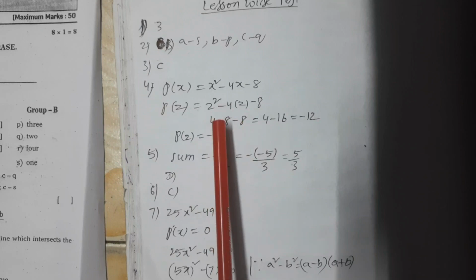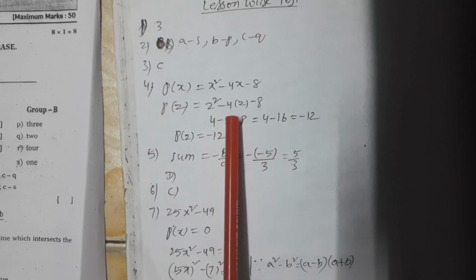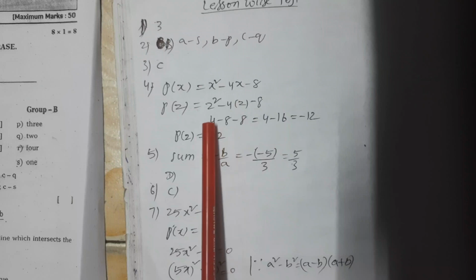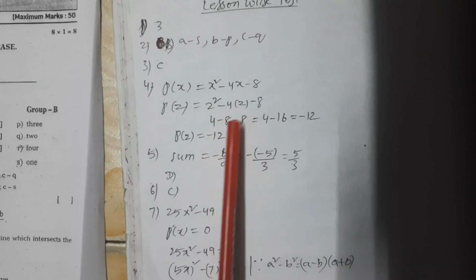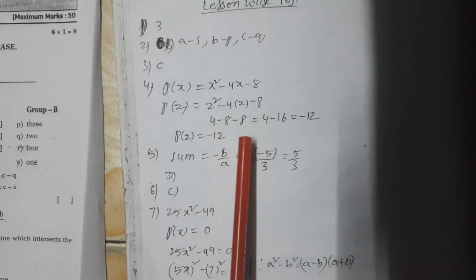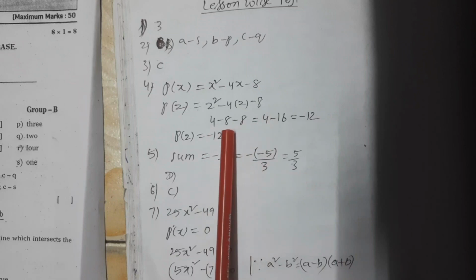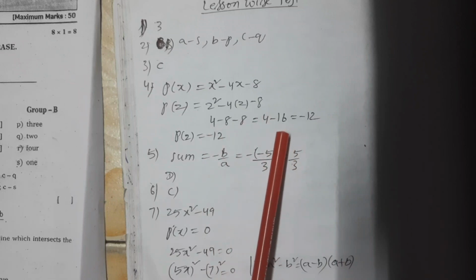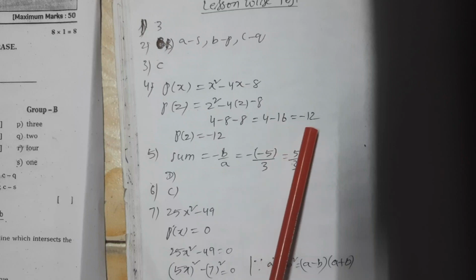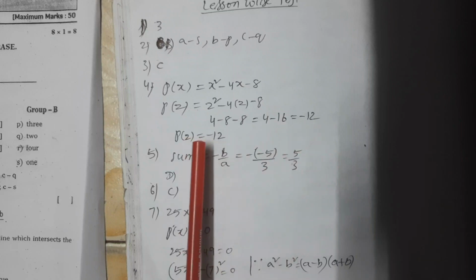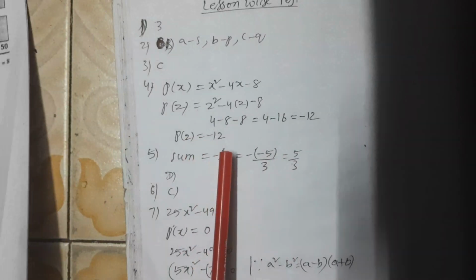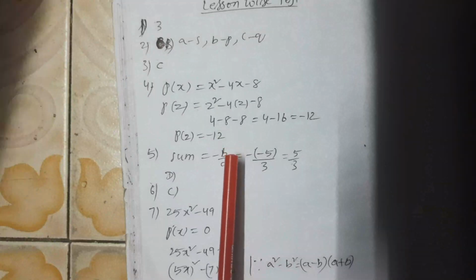So replace that: 2 square minus 4 into 2 minus 8. 2 square means 4, minus 4 2s are 8, minus 8. This is 4 minus 8 minus 8, both are same sign, 16. Its value is 16. 4 minus 16 means minus 12. So P of 2 is equal to minus 12 is the answer for it.